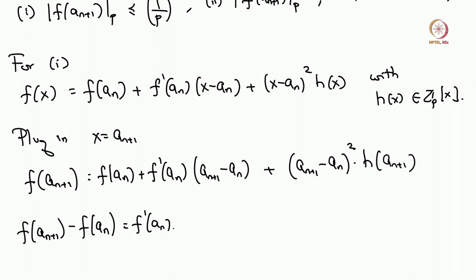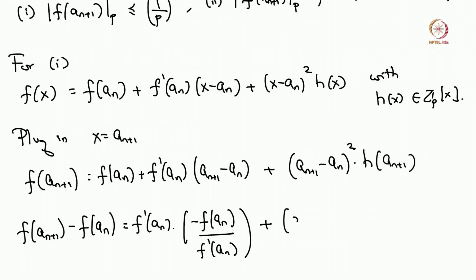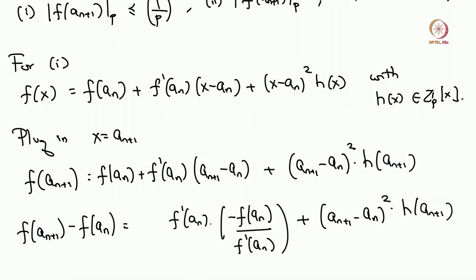And now substituting this expression back, we get minus f of a_n divided by f prime of a_n, plus (a_{n+1} minus a_n) squared times h of a_{n+1}. Okay, so maybe I'll just write this f of a_n on the other side.